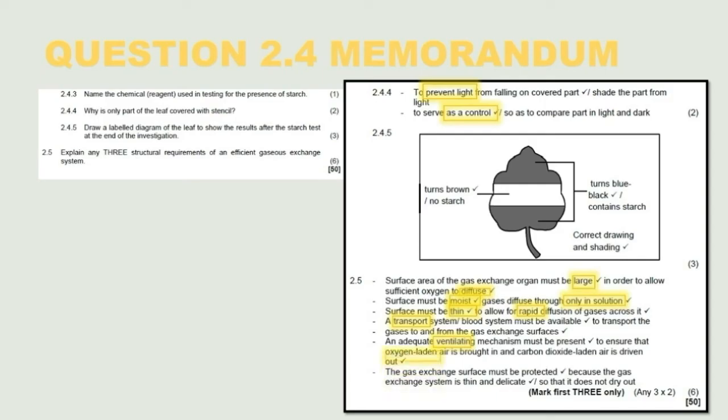So this should ensure that oxygen moves into and out of the lungs. And then lastly, the gas exchange area should be protected. So this is usually by means of the pleura or the rib cage, because the gas exchange system is very thin and delicate, so it has to be protected, especially protected from drying out as well.